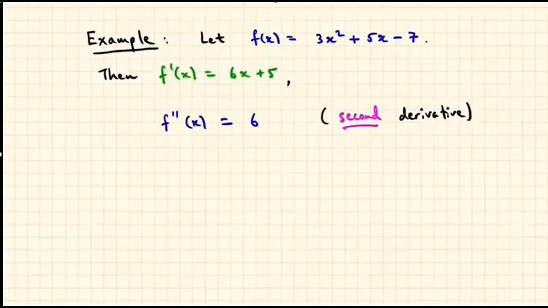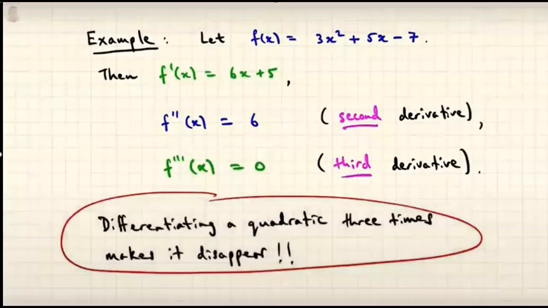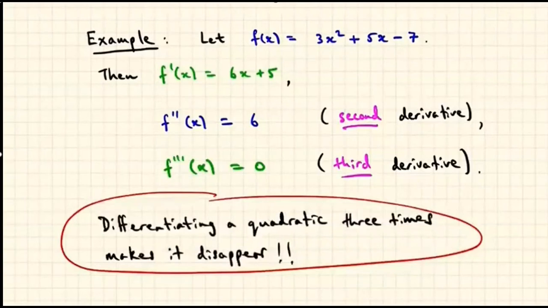If we differentiate once more, what do we get? We get 0. So the third derivative makes the polynomial disappear. If you take a polynomial of degree n and differentiate it n plus 1 times, then it disappears.